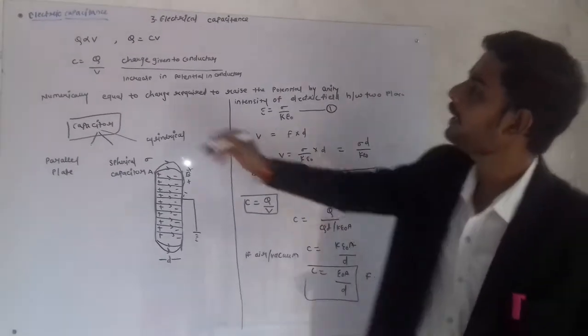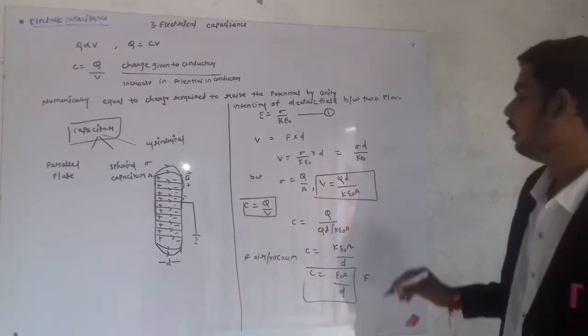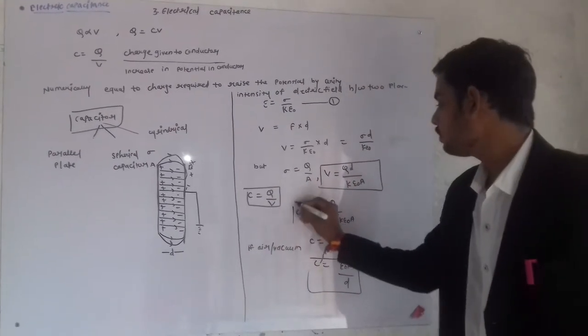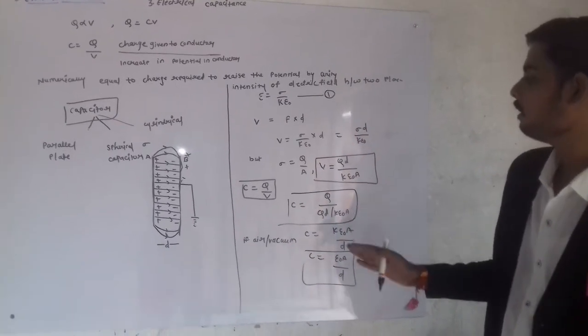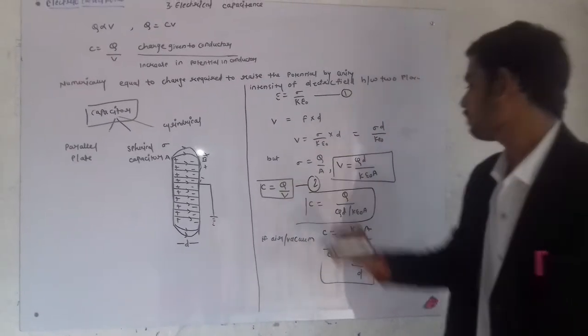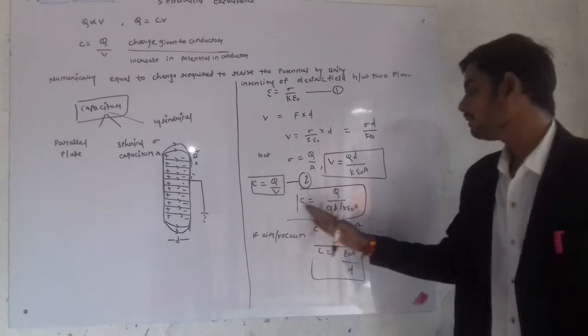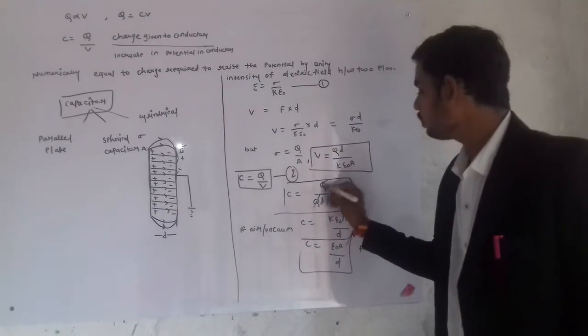We have studied that C equals Q upon V. We put the value of V in place of V from the second equation. So we get C equal to Q upon Qd upon k epsilon naught A. Q and Q will cancel.